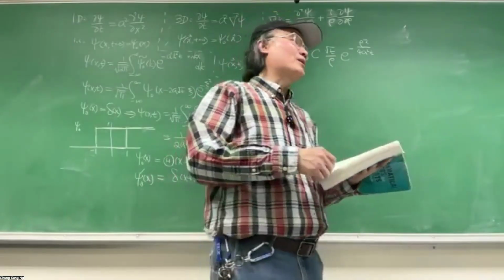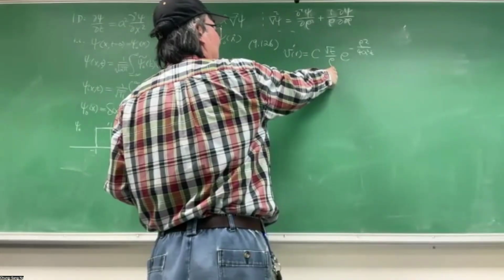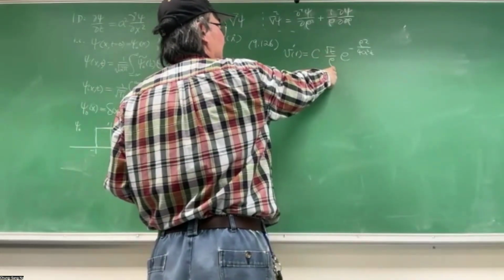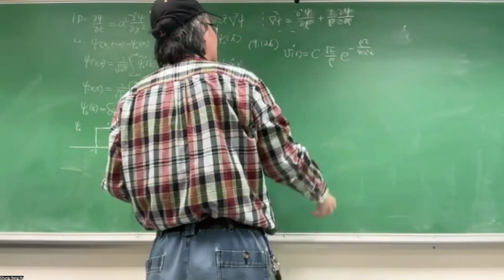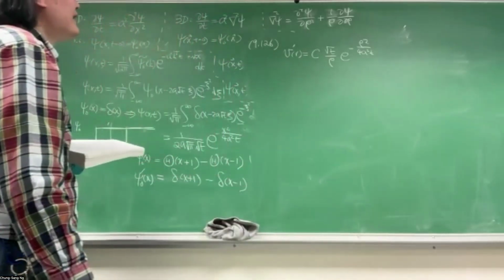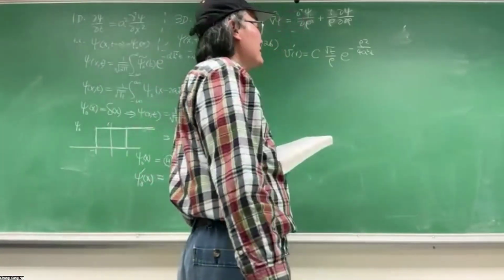But it's singular. The most important property is that this solution is singular for all t, unlike the solution we had even for finite t. This is singular at rho equals 0. It's not a good property for a solution, right? Even after you do an integration, it's still singular.